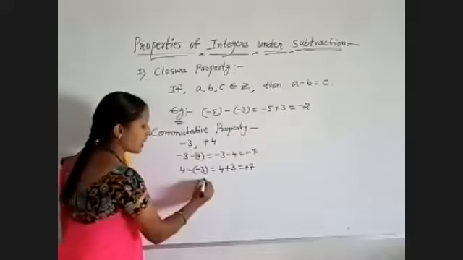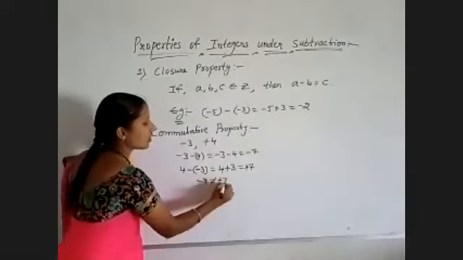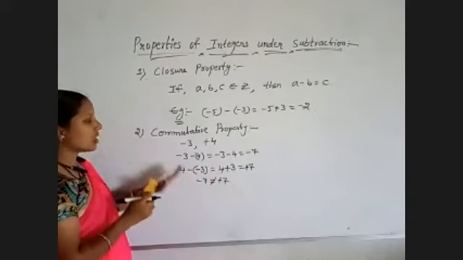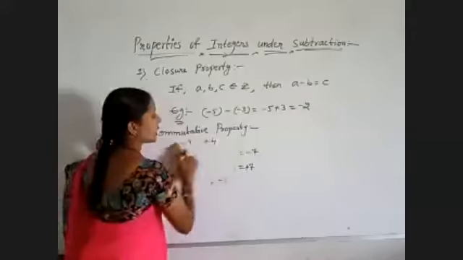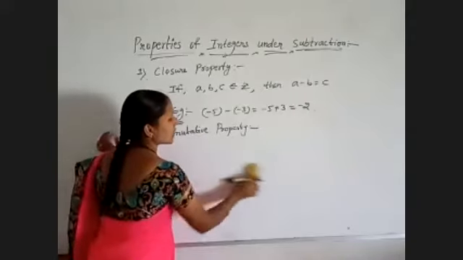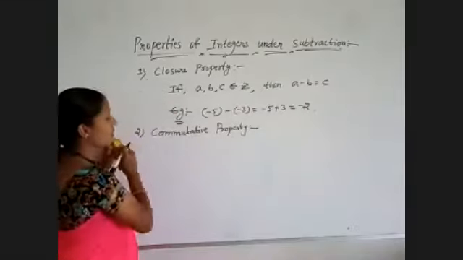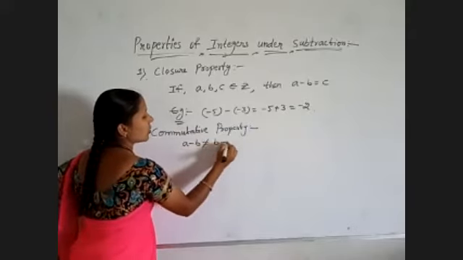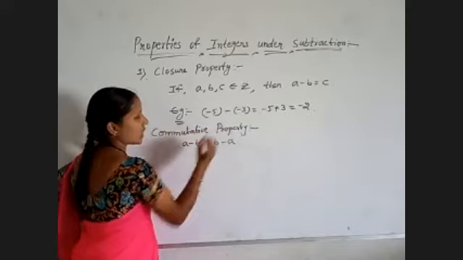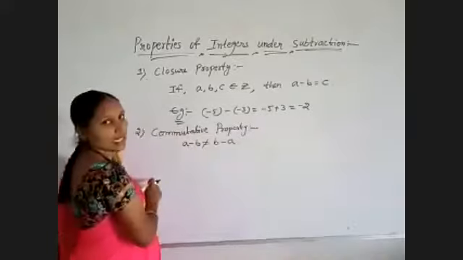But minus 7 is not equal to plus 7. So in case of subtraction, commutative property is not applicable because we are not getting the same result by changing the order. So a minus b is not equal to b minus a in case of integers.